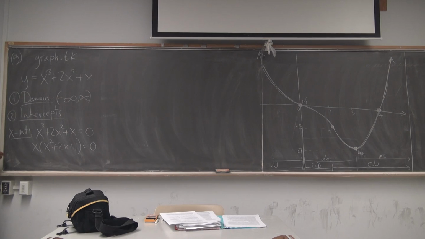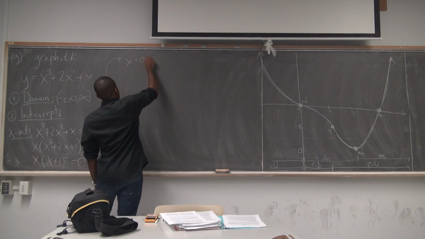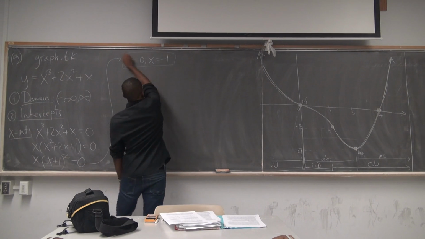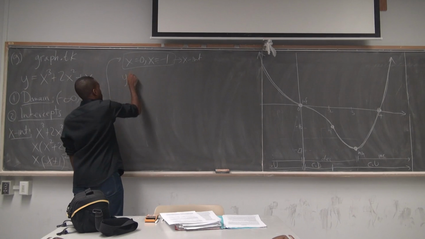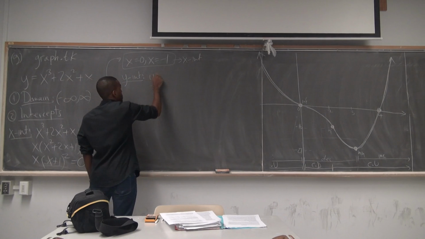Factor again. What is that factor? X plus 1 times x plus 1. Right. So I get x equals 0 or x equals minus 1. Y-intercept. Plug in x equals 0.